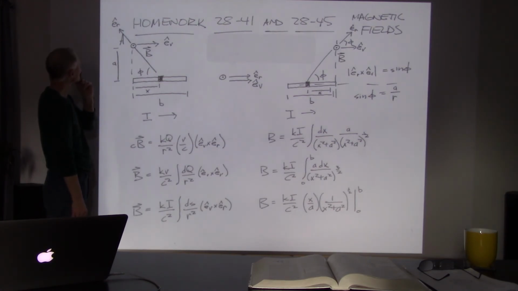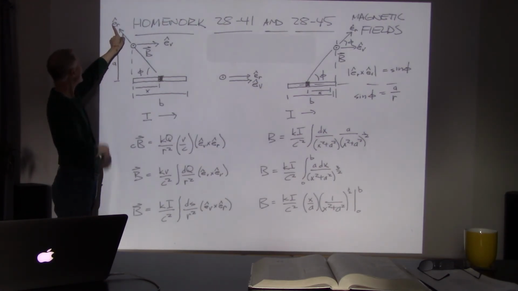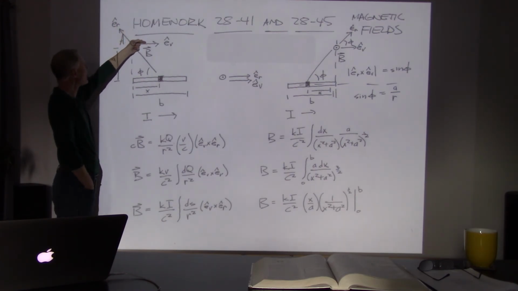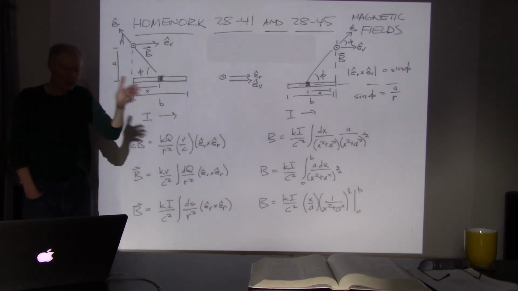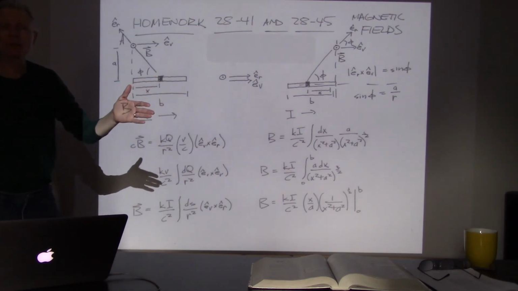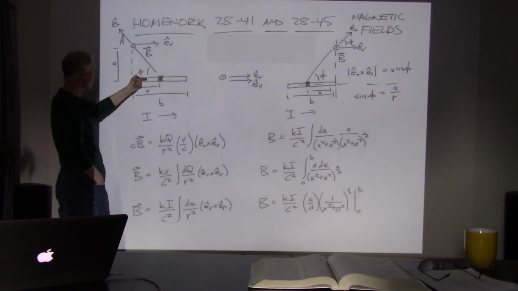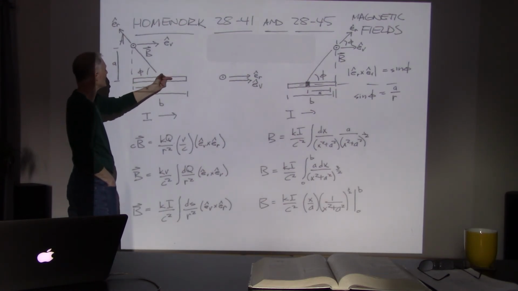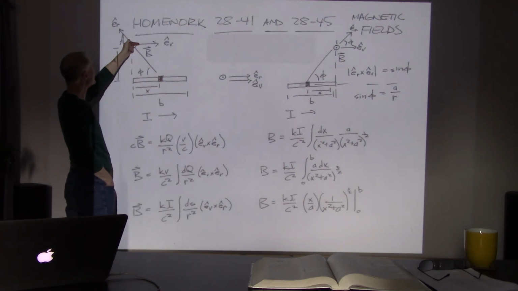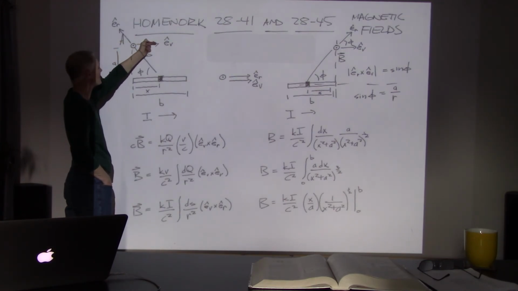And then I identified where my radial unit vectors and my velocity are. Now the velocity unit vector is always in the direction of the current, and every step of the way here, the current's going in that direction. So when I bring that unit vector up to this location, the velocity vector is going to be there.